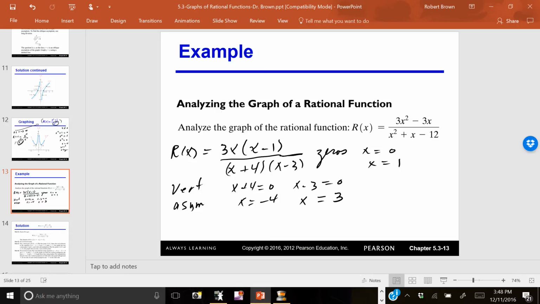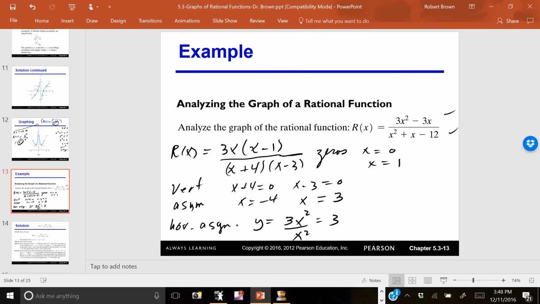And notice the degree of the numerator and the denominator are the same, so the horizontal asymptote would be y equals, the dominant term in the numerator is 3x squared, the dominant term in the denominator is x squared, and that is y equals 3, a horizontal asymptote.